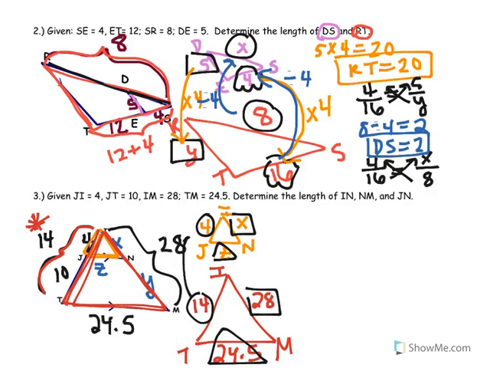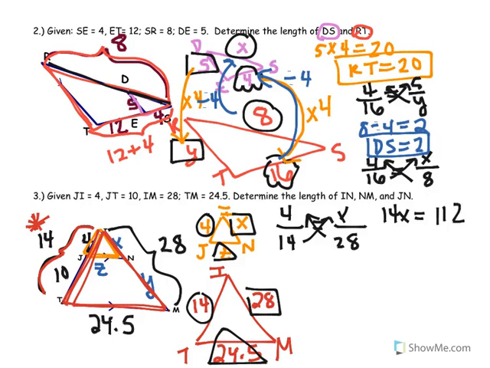I can't see the scale factor nicely like I did in my other problem, so let's set up the proportions. 4 to 14 equals X to 28, and then let's cross multiply. 14X equals 112. Divide by 14, and I get that X equals 8. So X was representing IN. That means IN is 8.